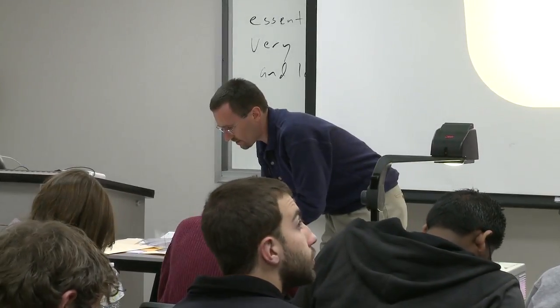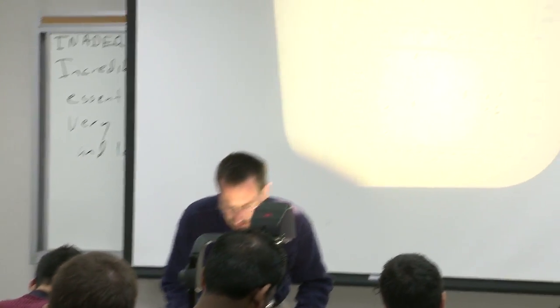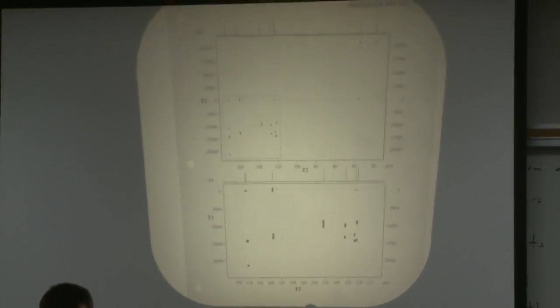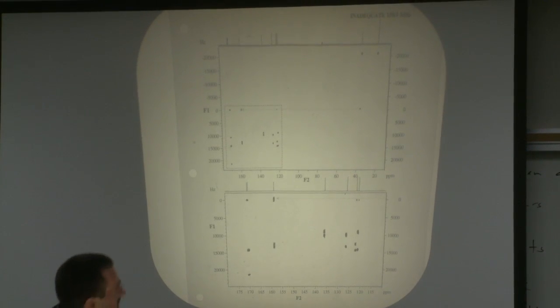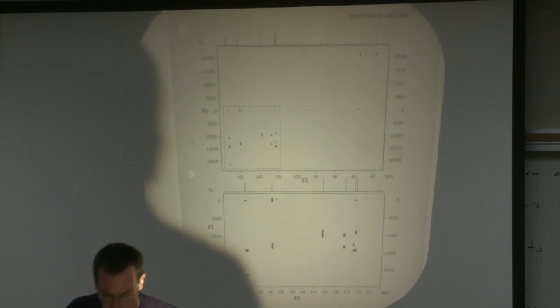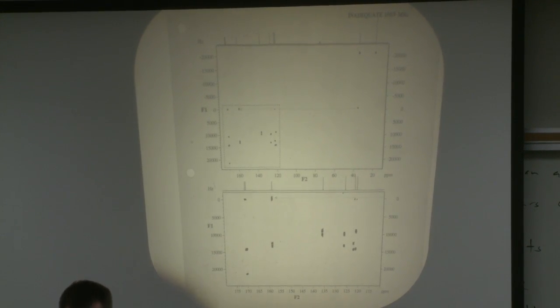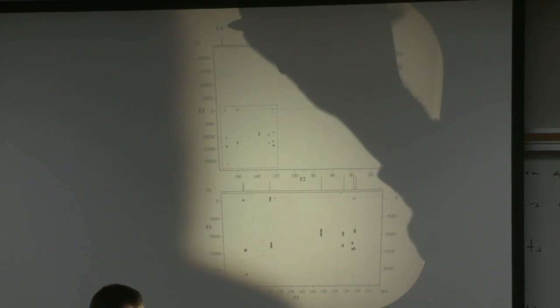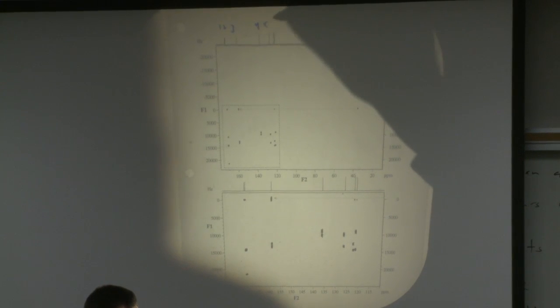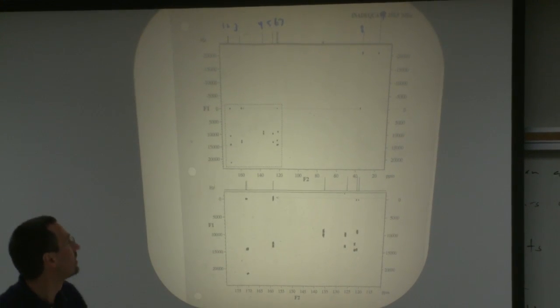All right. So they give you two spectra, the spectrum and then an expansion of this crowded region here. So this is your INADEQUATE, and we can go ahead and do 1, 2, 3, 4, 5, 6, 7, 8, 9.